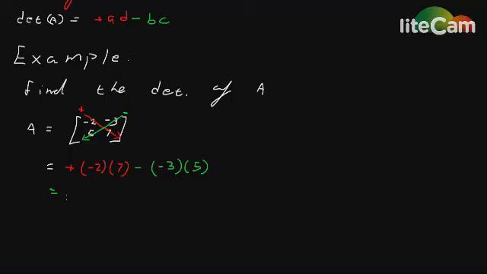and that is then equal to -2 times 7 is -14, minus -3 times 5, that's going to be -3 times 5 is -15, which is equal to -14 plus 15, and that is then going to be equal to 1.